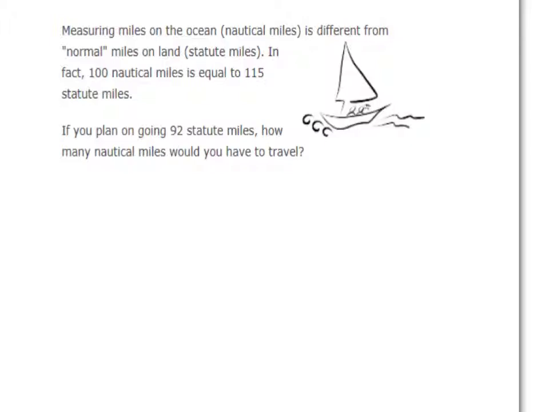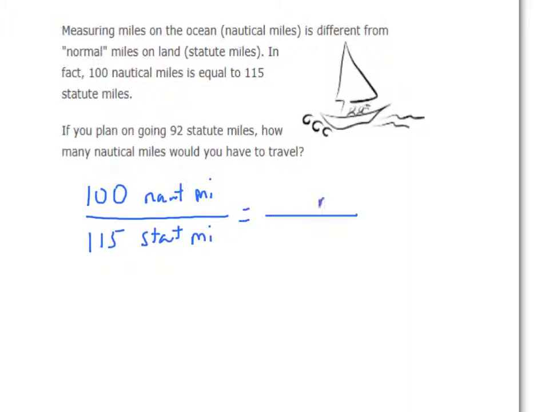So let's use a proportion to solve this. We'll say 100 nautical miles, I'll just use a little abbreviation, is to 115 statute miles, and we'll set that equal to x nautical miles, making sure we have nautical miles here, and 92 statute miles here, with x being our missing amount of nautical miles.